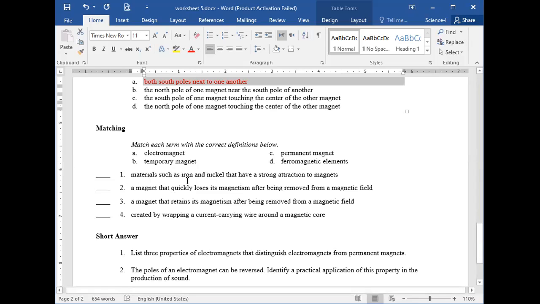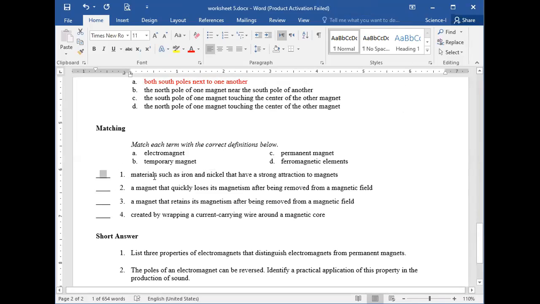I thought it means iron and nickel could be attracted. No, D. D, of course, they are ferromagnetic materials or magnetic materials. That means a material that could be attracted to the magnet. So he asks here, what is the material that could be attracted to a magnet called? We call it a ferromagnetic material. Is it clear like that?